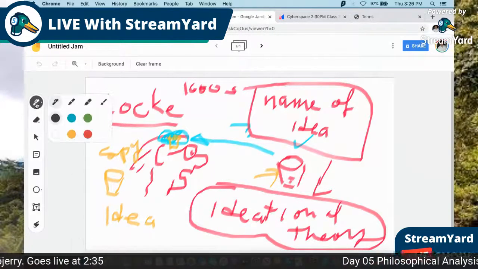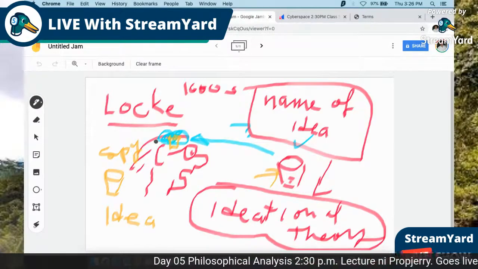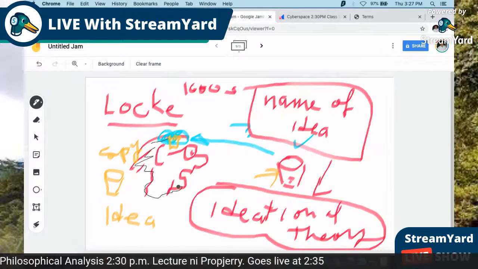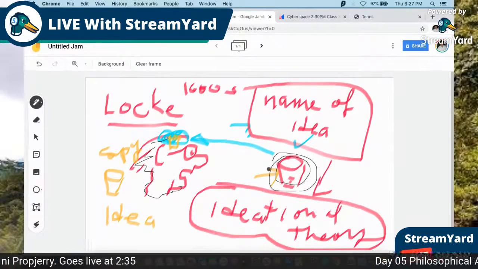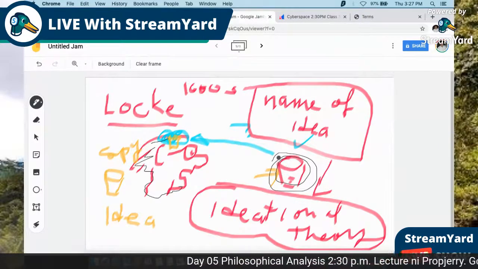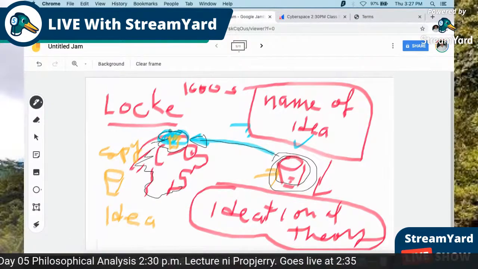All right. Let me just repeat. John Locke points out. What does he point out? Supposing you have a professor like this. All right. And the professor is looking at a glass of water like here. Notice that when the professor looks at the glass of water, he thinks about the glass of water in his mind.